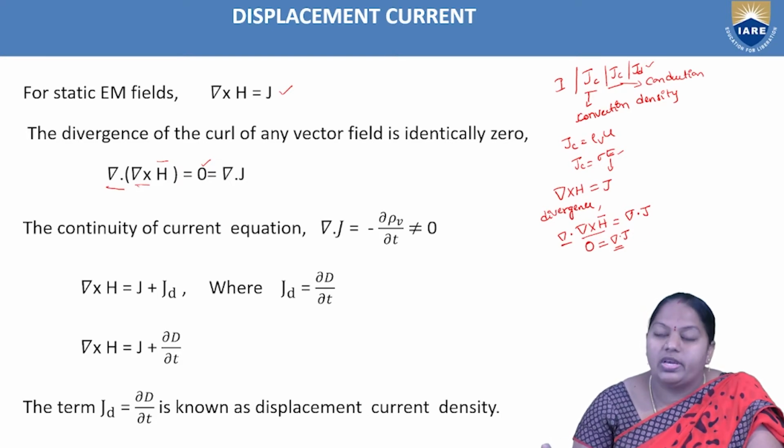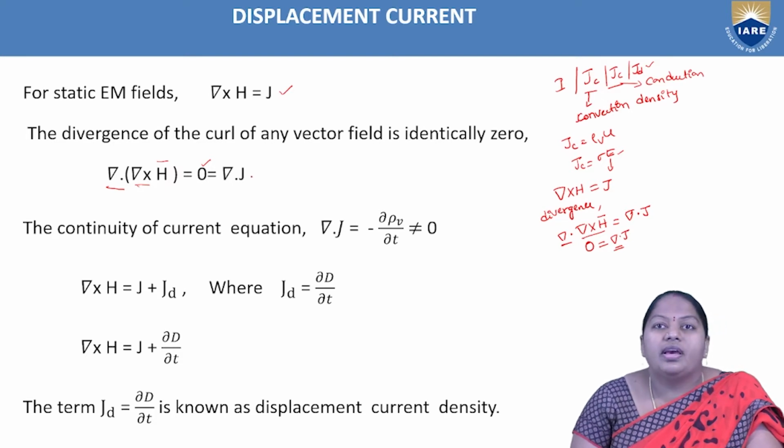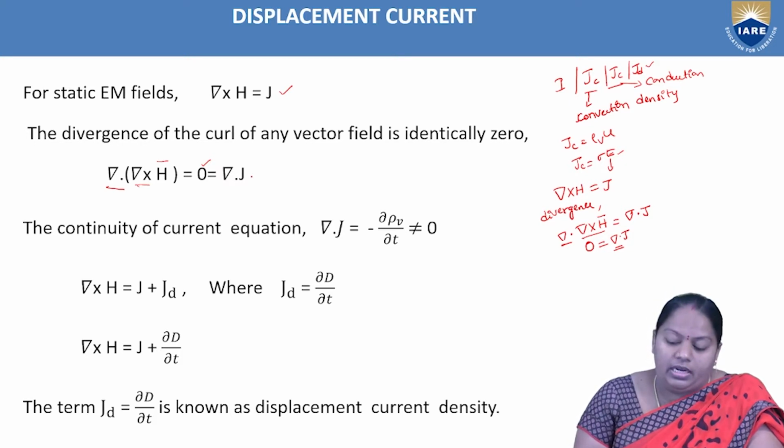Hence del dot J is equal to 0, by applying the divergence of the curl of any vector field from vector analysis.